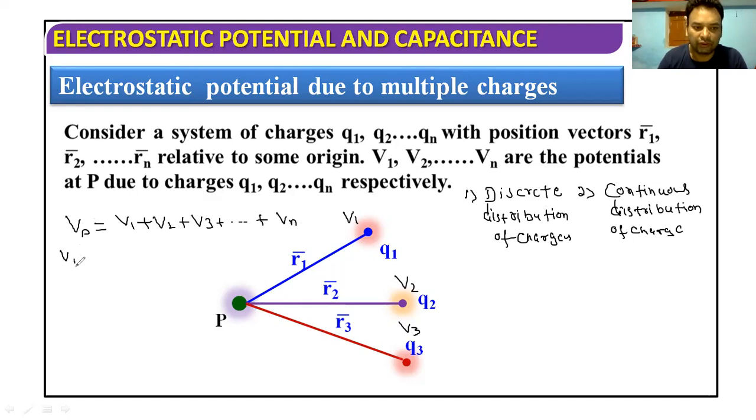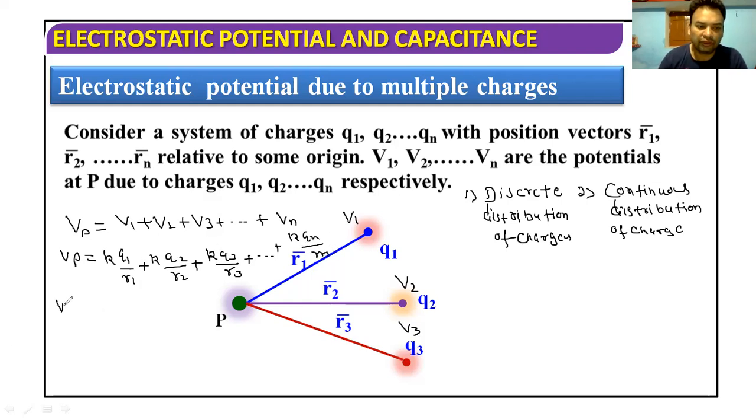So Vp is equal to, what is the potential due to Q1? V1 can be written as K Q1 upon R1, plus K Q2 upon R2, plus K Q3 upon R3, and plus K Qn upon Rn.